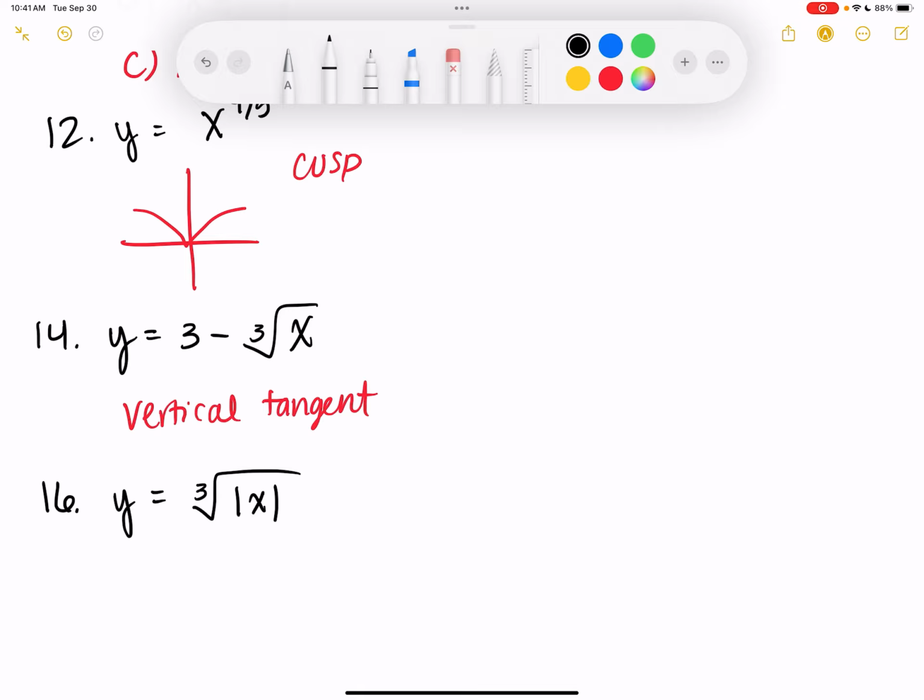So this one is also a cusp. It kind of curves in there. So even though we have the absolute value, since it's in the cube root, it's going to make it look more curvy. So it ends up being more of a cusp than anything on this one.